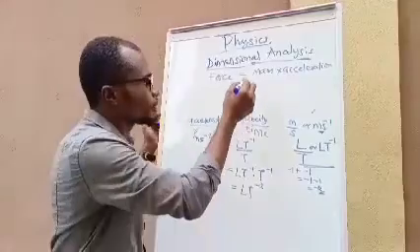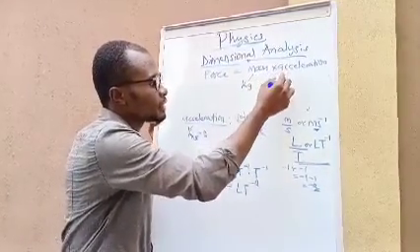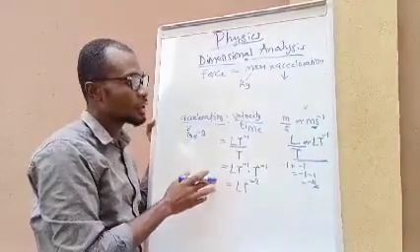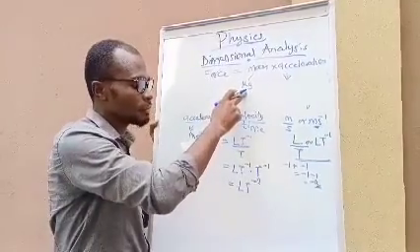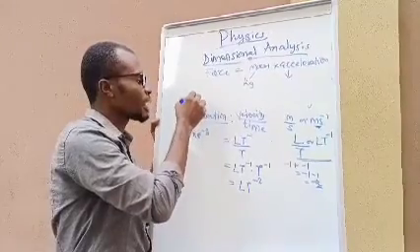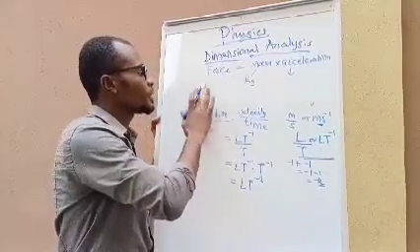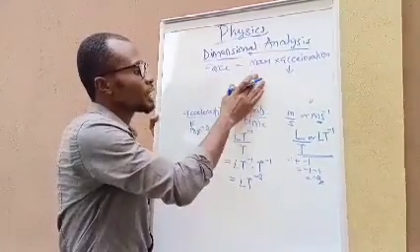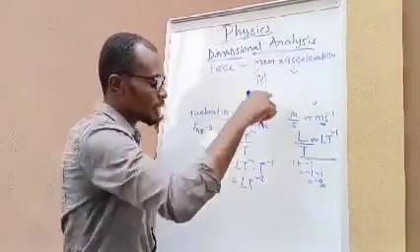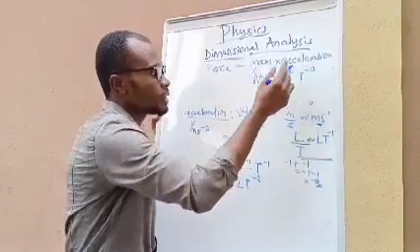Our mass is kilogram, which we can represent in the units of dimension, which is M. So we can write our mass as M, and our acceleration, which we already established, LT^-2.